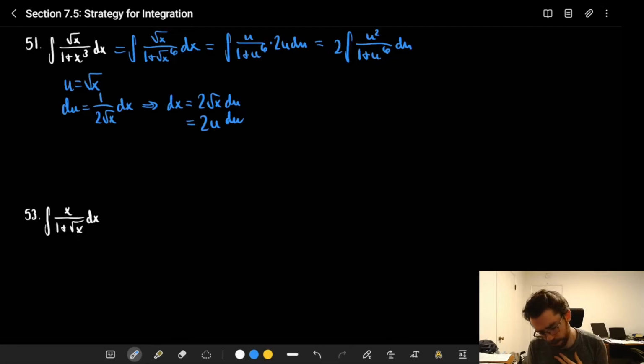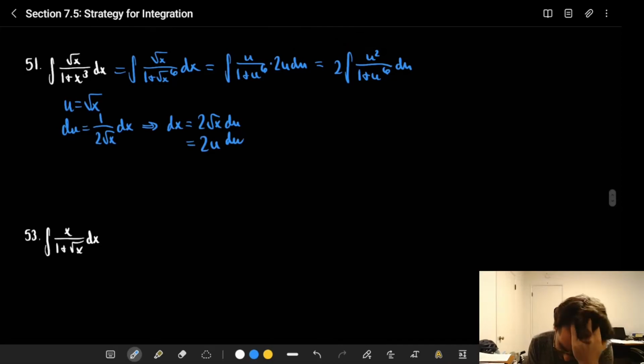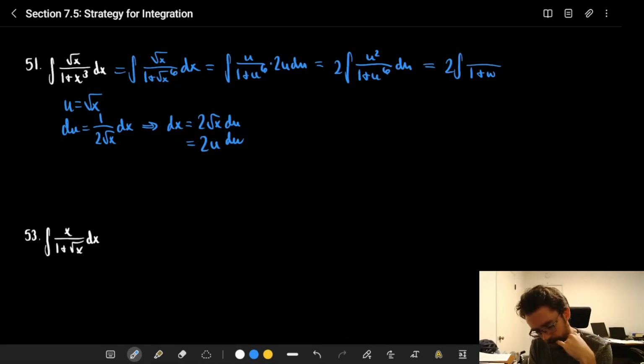Might need another sub. Right, this is almost something nice, but maybe I want this to be 1 plus w cubed? No. W squared? Yeah.